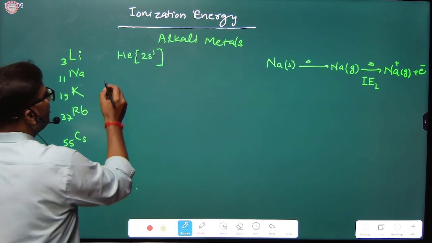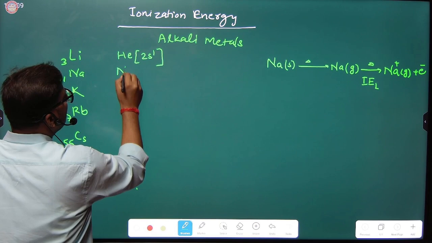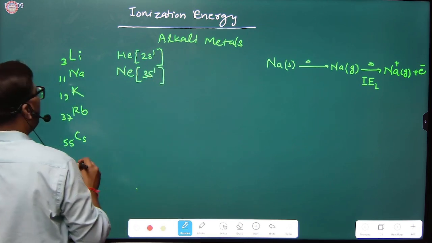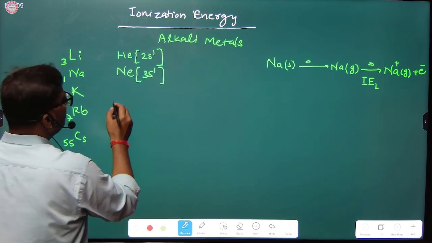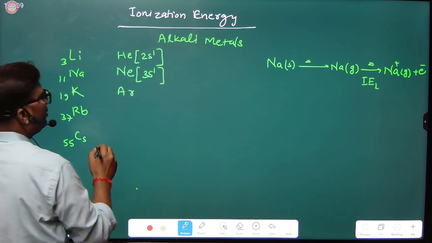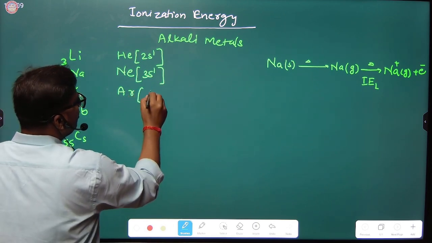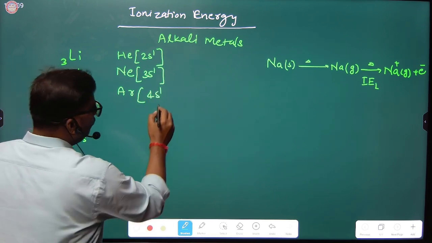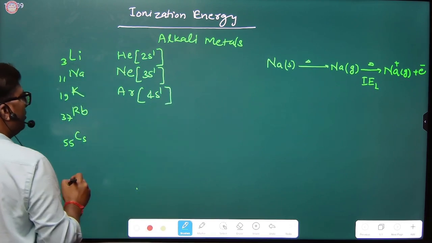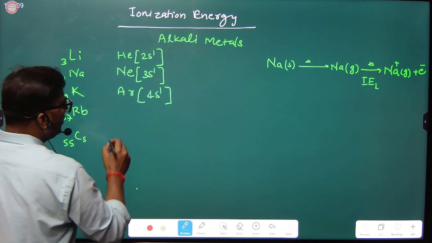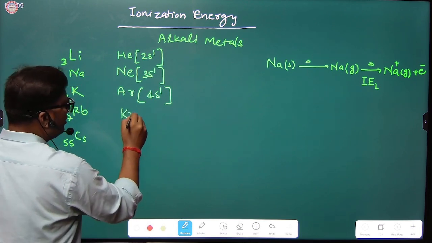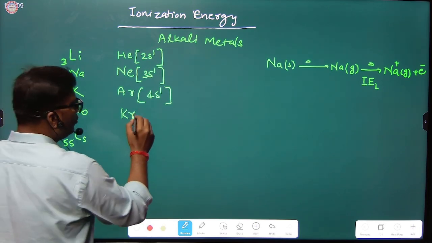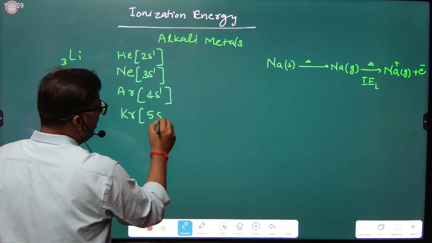For sodium, it is neon and it has 3s1. For potassium, it is argon and the outermost electronic configuration is 4s1. For rubidium, it is krypton and the outermost configuration is 5s1.